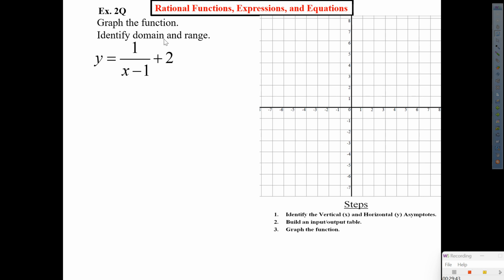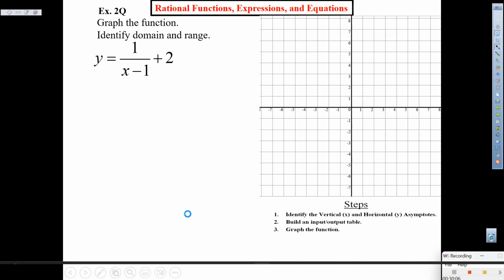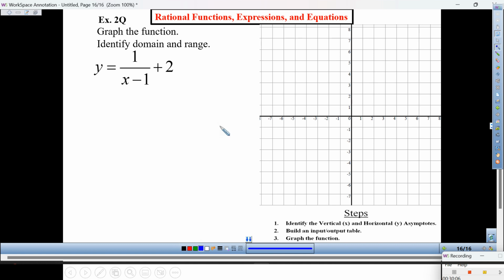So it says, graph the function, identify the domain and range. Don't worry about that. Let's first graph this. So how do we graph it, Mr. Q? Well, we start with our asymptotes. So I'm going to write VA, x equals, HA, y equals.